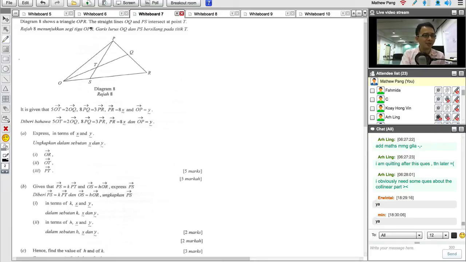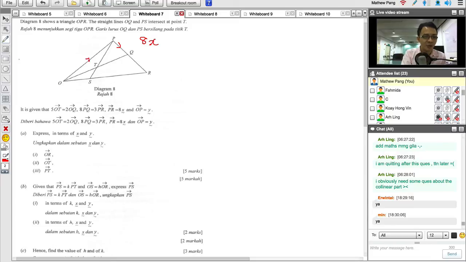Okay, so we have the triangle OPQ, and the straight lines OQ and PS intersect at T. Something like 5OT equals 2OQ, everything in ratio. Let me give some color for it. PR, in this direction, is 8x.